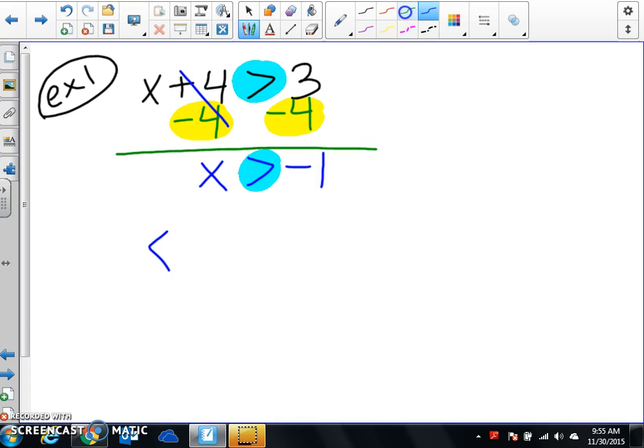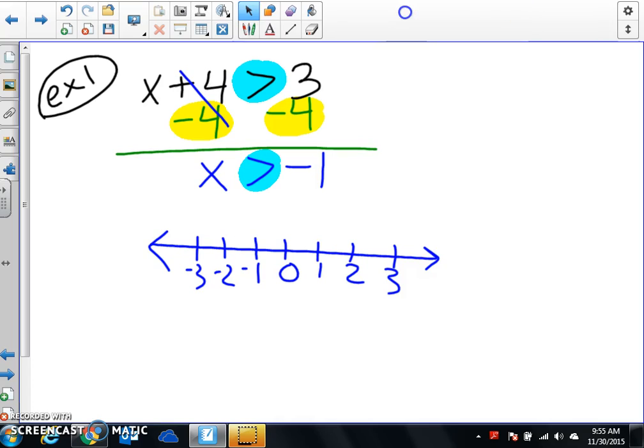Okay, now I can go ahead and graph it. All right, let's do 0, 1, 2, 3, negative 1, negative 2, negative 3. This is x is greater than negative 1. Remember, if it's just a greater than or less than, it's an open circle. So I go to negative 1, it's an open circle.